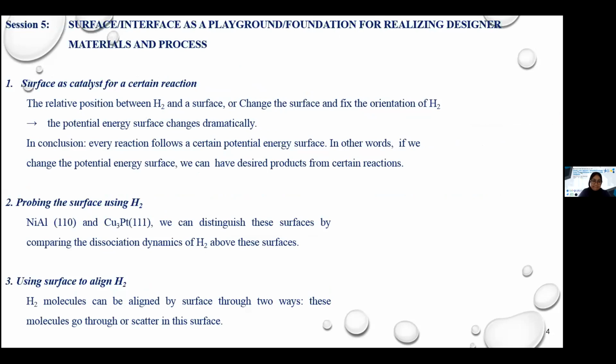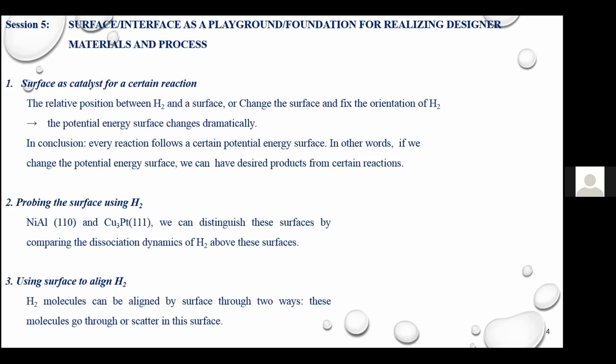The second section I pay attention to now is surface and interface as a playground or foundation for realizing designer materials and processes. I figure out that there are five uses of surface and interface. The first one is that we can use the surface as a catalyst for a certain reaction.